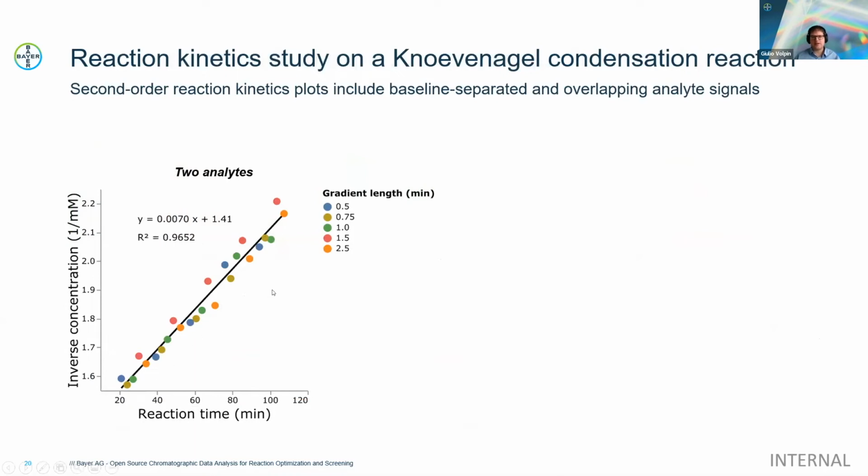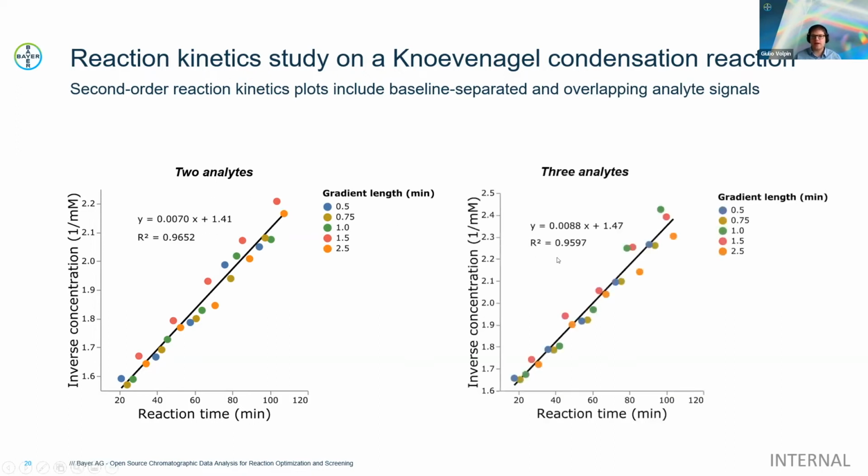You can see that in this experiment, in which we ran this type of reaction in HPLC vials and sampled each HPLC vial at specific time points by measuring with a specific gradient, we could see acceptable, pretty good correlation with 2 analytes as well as 3 analytes.